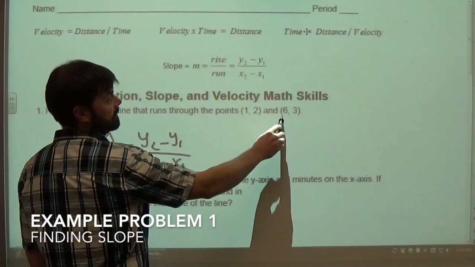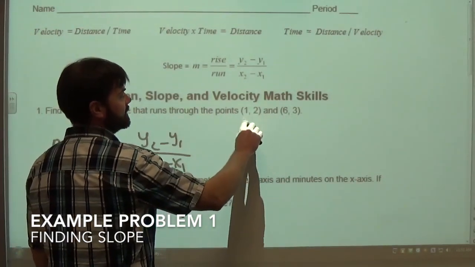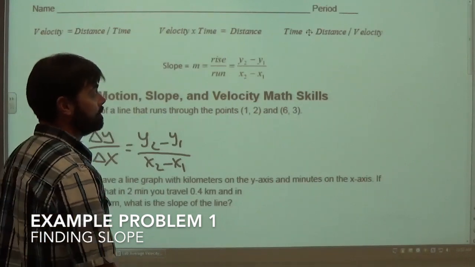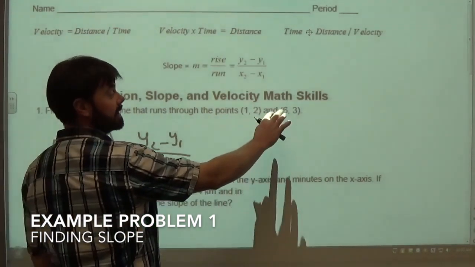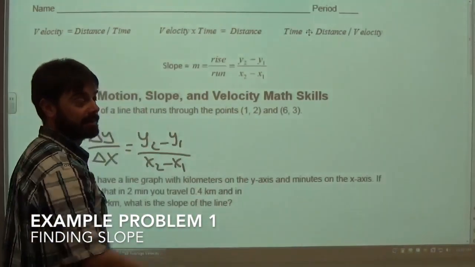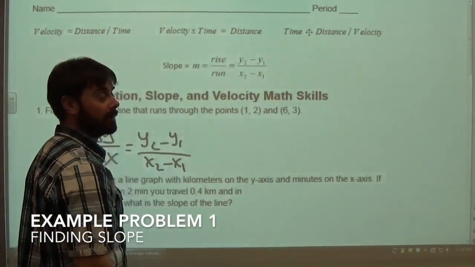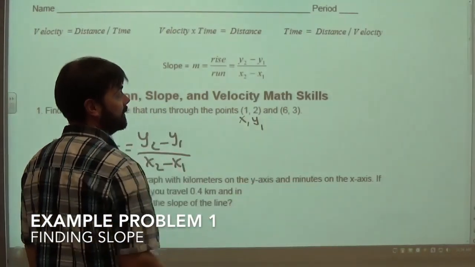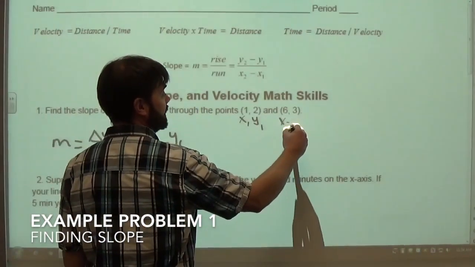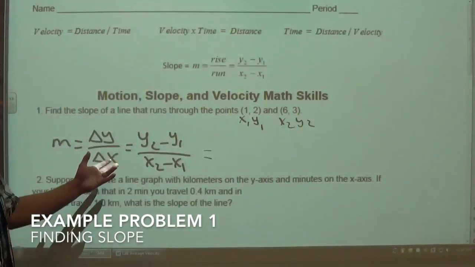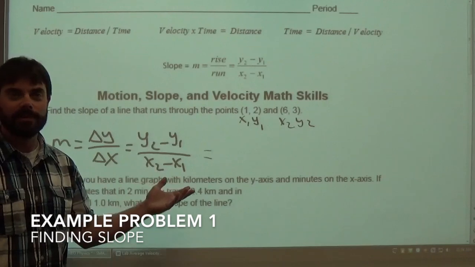The 1 falls before the 6 in terms of x, from left to right, as if we were going to be recording slope, so this ends up being your x1 and this ends up being your y1, and the 6, 3, this is your x2 and this is your y2. So if you simply plug those into the equation, you should be able to figure out what the slope is.